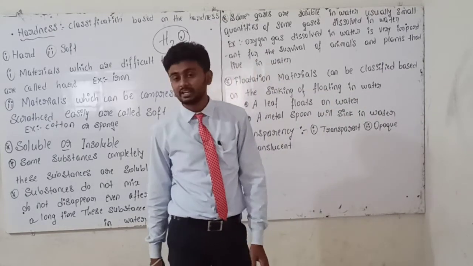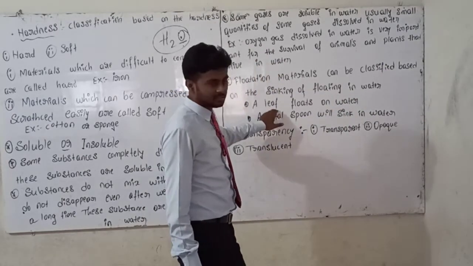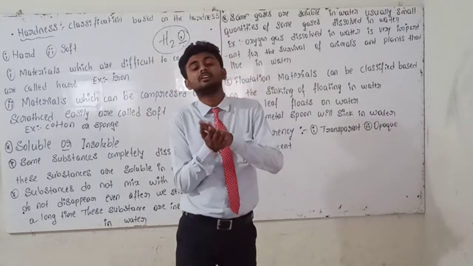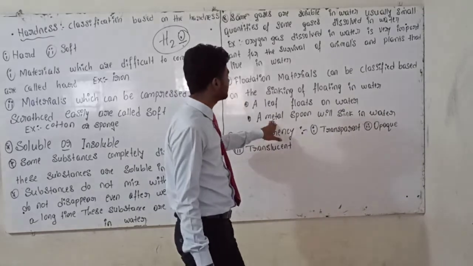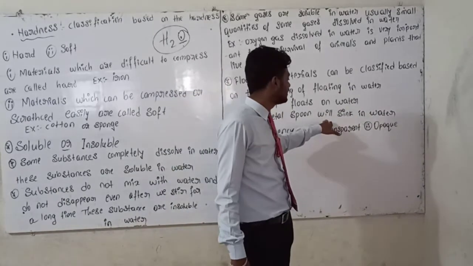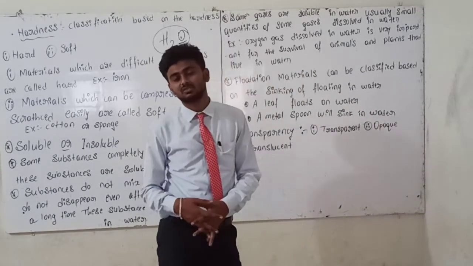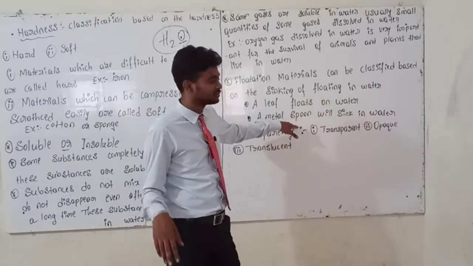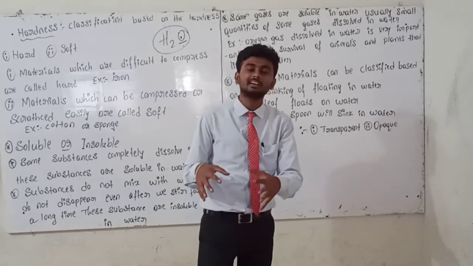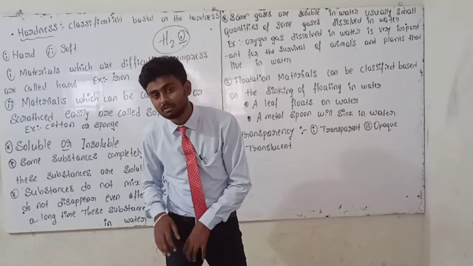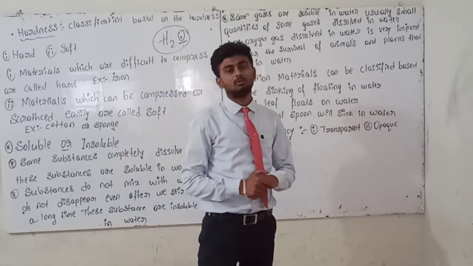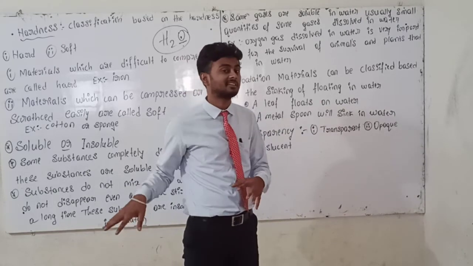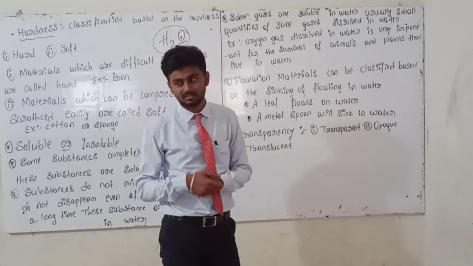For example, a leaf floats on the water, but metals and spoons will sink in the water. Stones, metals and spoons will sink in the water. Some sink in the water, some float on the water. So we group sinking materials and floating materials.